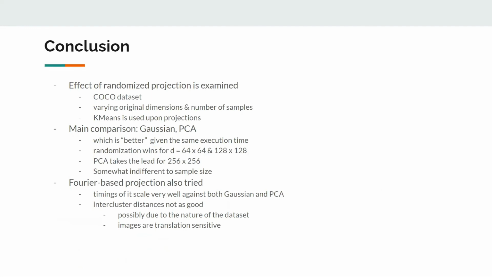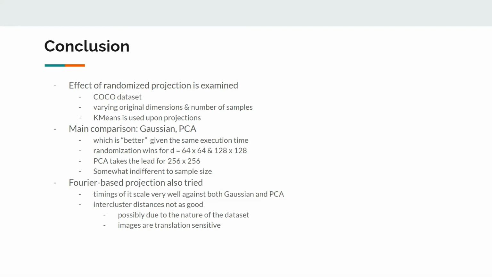And in conclusion, the effects of some randomized projections are examined on a practical dataset to evaluate the overarching theme of randomization in this class. K-means was a helper tool in assessing that metric. The main comparison was between Gaussian and PCA, and as my friends mentioned, for some dimensions the randomized projection wins over PCA, and it is indifferent to the sample size.